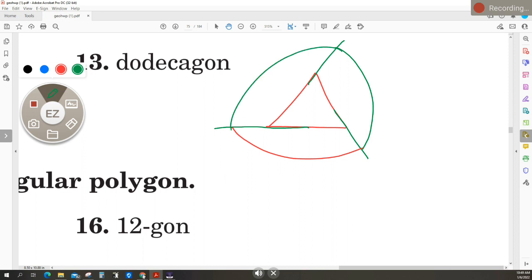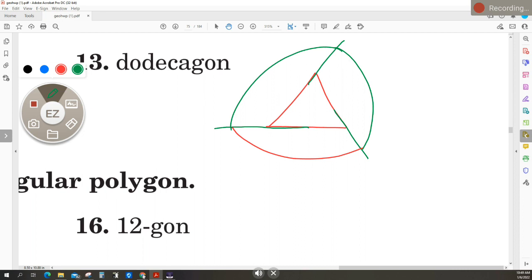So I went all the way around. What is that? And how many degrees are in a circle? 360. So how many degrees do those external angles add up to? Okay, we went all the way around. How many degrees is that all the way around? 360.